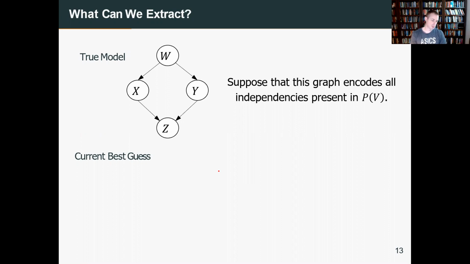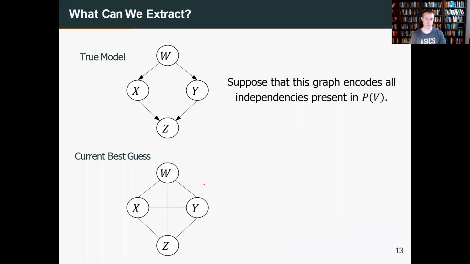If we make no assumptions about the relations between each of the variables W, X, Y, and Z, the only thing we can say is that everything is dependent on one another. Basically, if we don't know anything about the data, then we can't make any assumptions about the variables. So we start off with a complete graph where everything is connected to everything else.